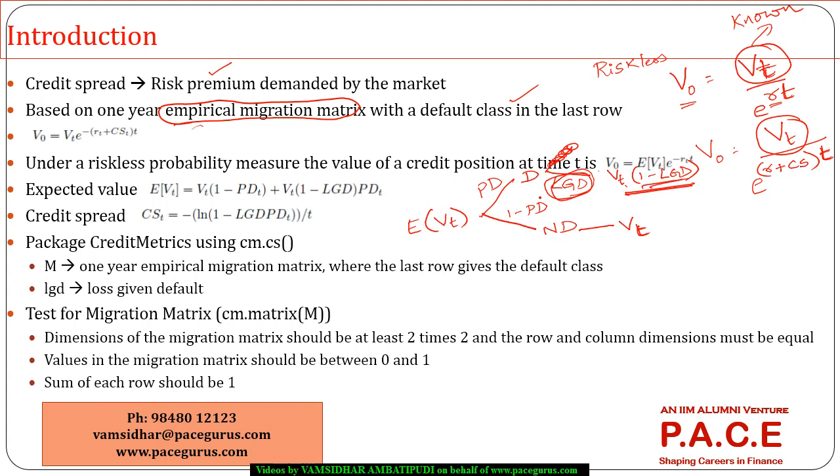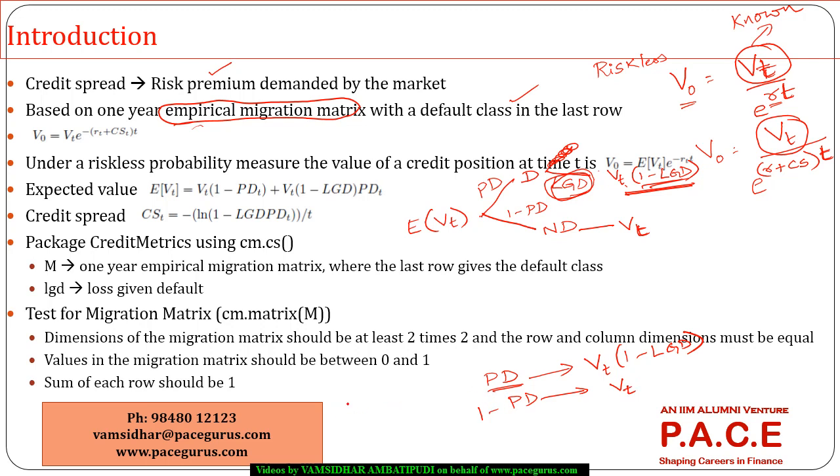So what we typically say is, there is a probability of default chance, whatever is the probability, that my value will be Vt into 1 minus LGD, whatever LGD I am specifying, and there is a 1 minus PD chance that my value is Vt.